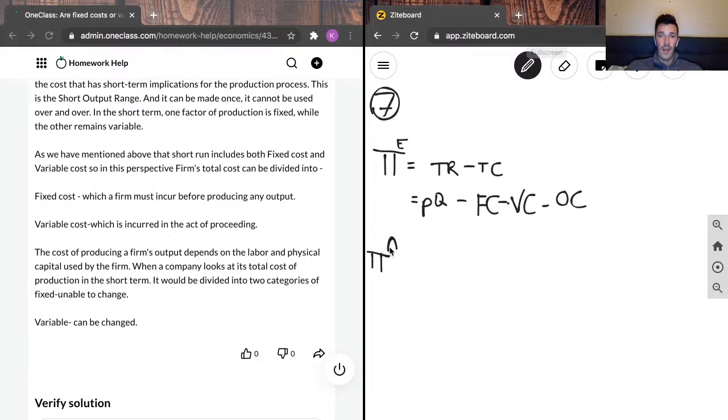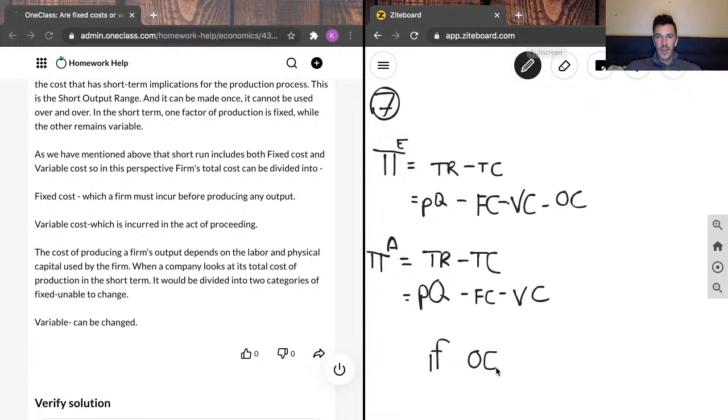whereas in the accounting sense of profits, which I will denote pi A, is again going to be total revenue minus total costs. Total revenue looks the same, PQ, but total costs are just made up of fixed costs and variable costs because opportunity costs are not included in the accounting sense of profits.